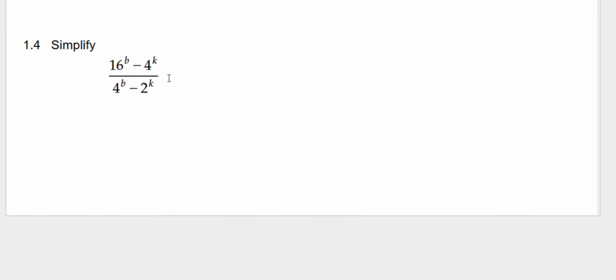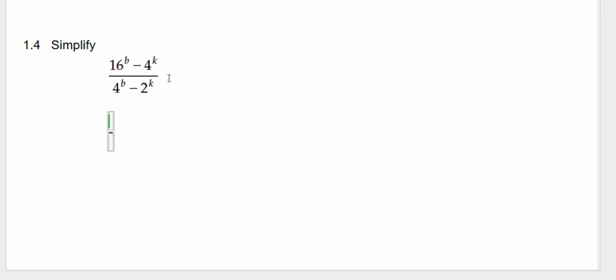Here we're going to simplify. First thing we need to know is that 16 can be represented as 4 to the power 2, and that 2 we're going to multiply by b. Minus, same as 4.